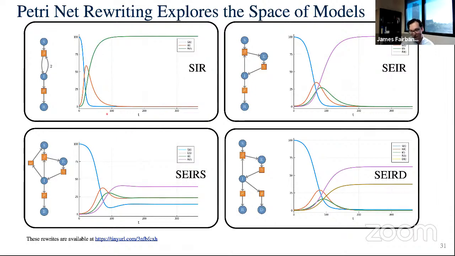That doesn't capture a lot of real diseases. The infections are too quick to start and too quick to end. And so the epidemiologists introduced the SEIR model, where you now have this exposed phase: once you are exposed to an infectious person, you don't become infectious immediately, you become exposed.